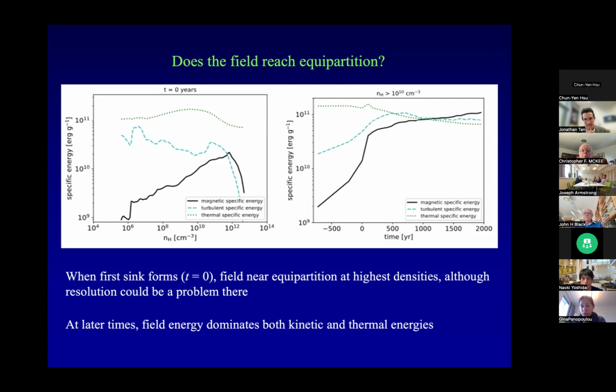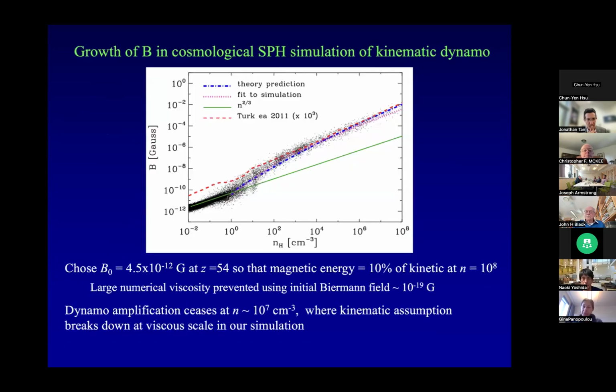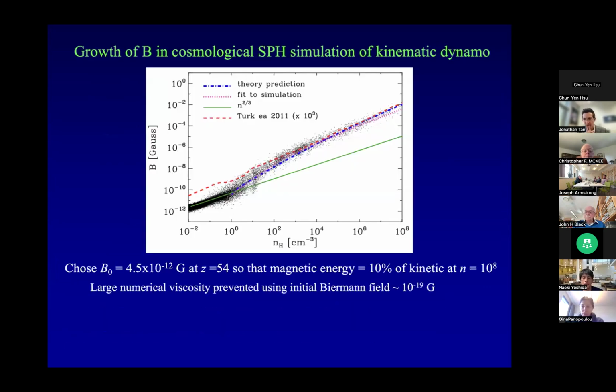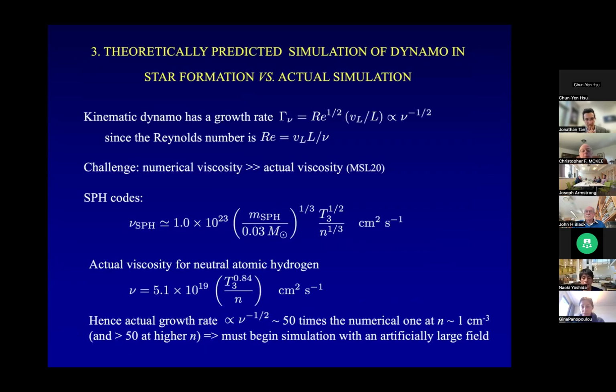Yeah. So let me see. For the SPH, the numerical viscosity goes like the SPH particle mass to the 1/3 power. So if I wanted to improve things by a factor of 1,000, I would need to make my particle mass 1 billion times smaller.